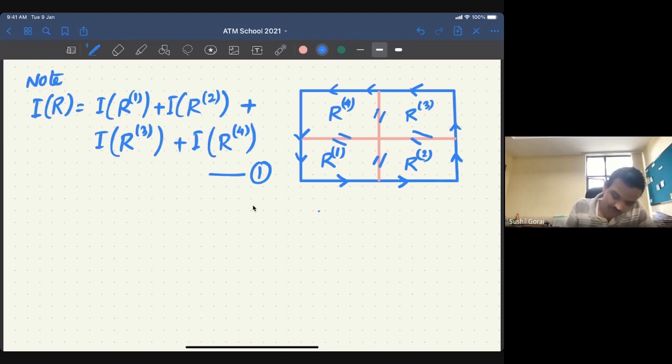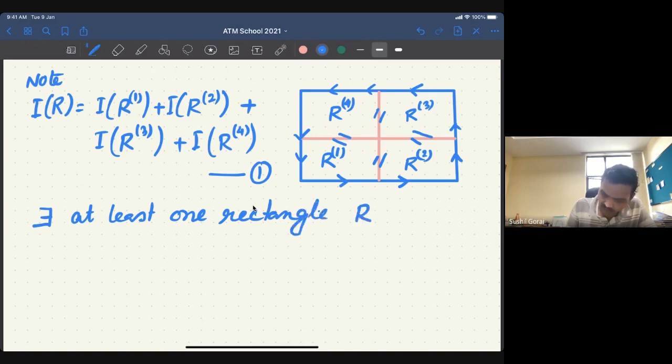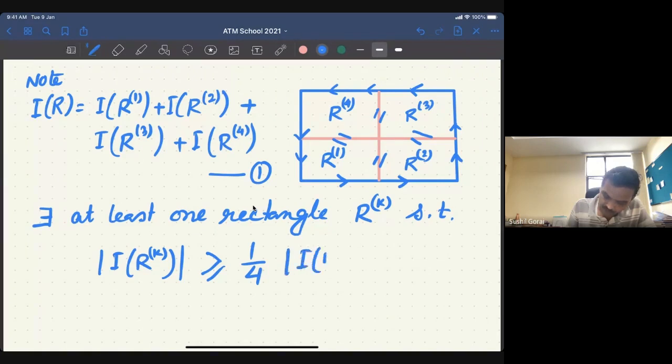Now, since there is this summation, actually we are not assuming, it's basically that there exists at least one rectangle R_k such that the modulus of I_Rk is greater or equal to 1/4 of the modulus of I_R.